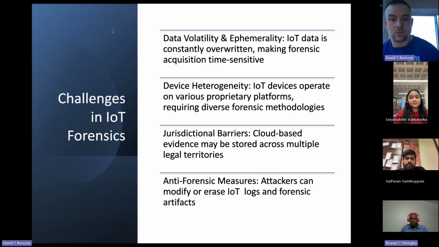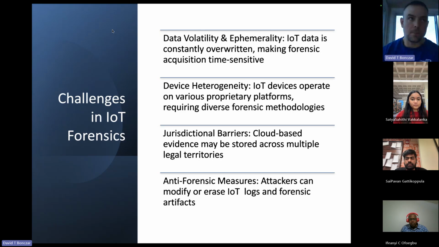Device heterogeneity. IoT devices operate on various proprietary platforms, requiring diverse forensic methodologies. This is because of the proprietary format of some of the data that these IoT devices generate.